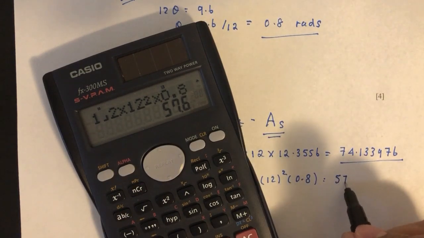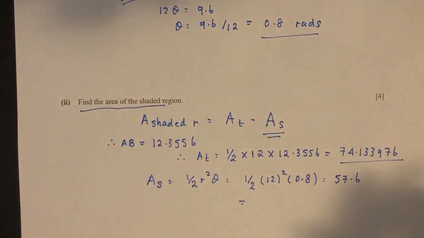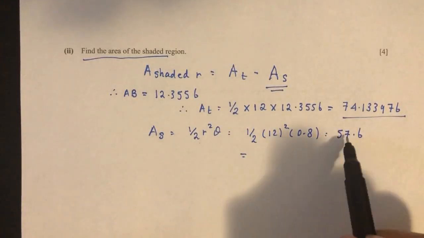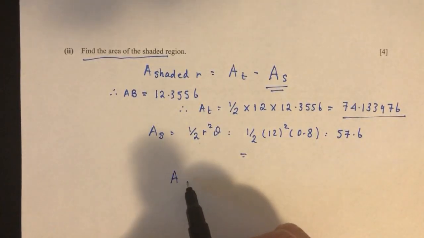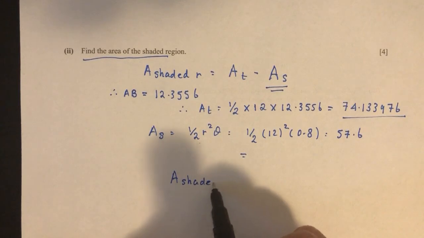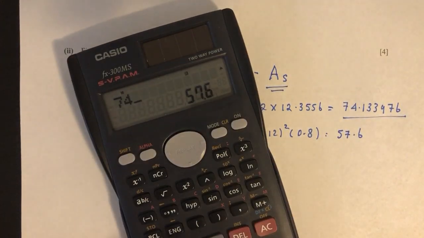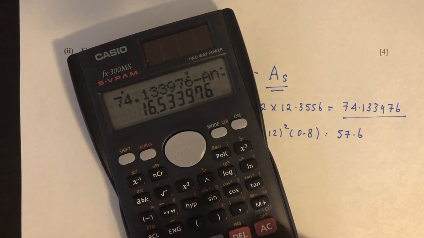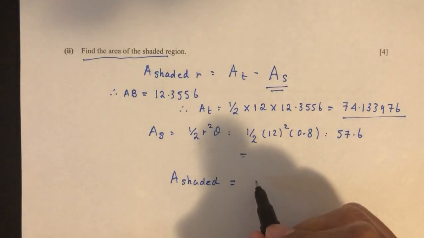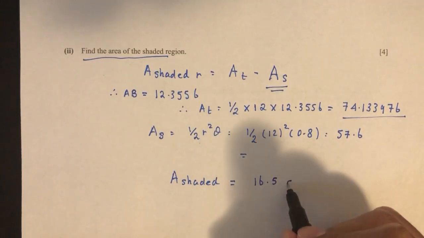That will be 57.6. Now we have the two answers that we need. So area of shaded region should be this minus this: 74.133976 minus 57.6, that should be 16.5, correct to 3SF.